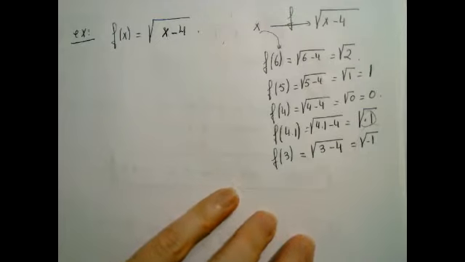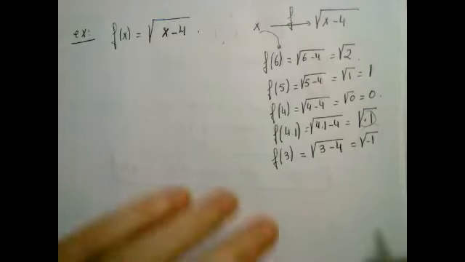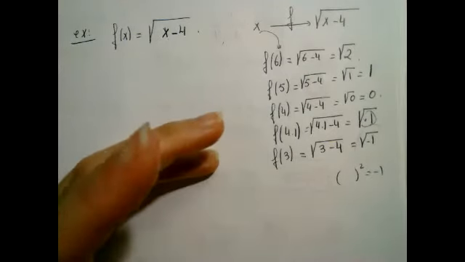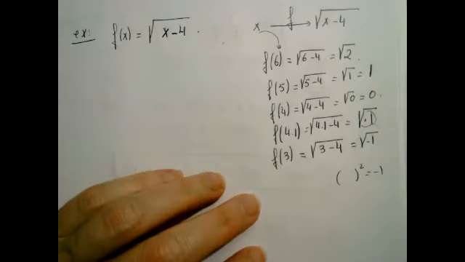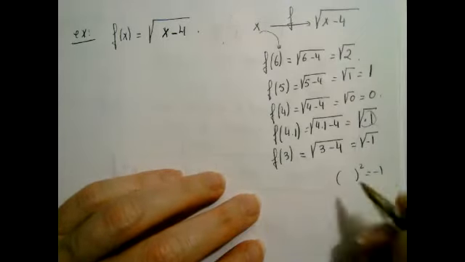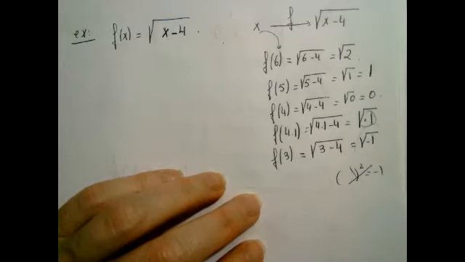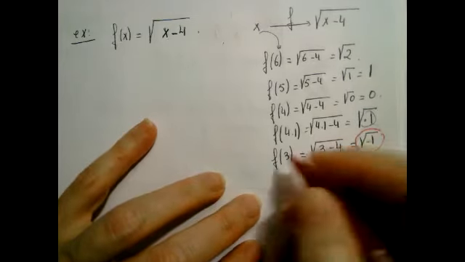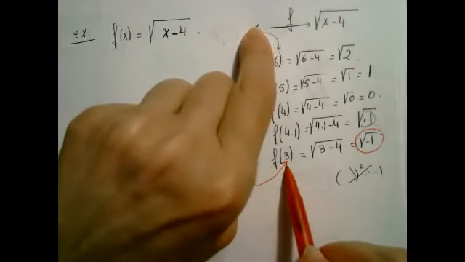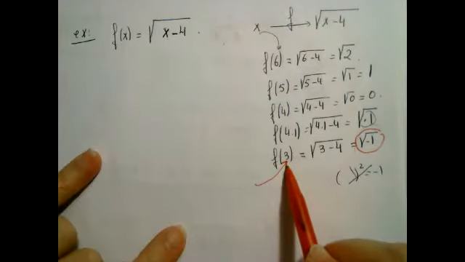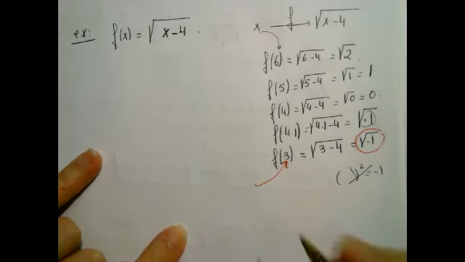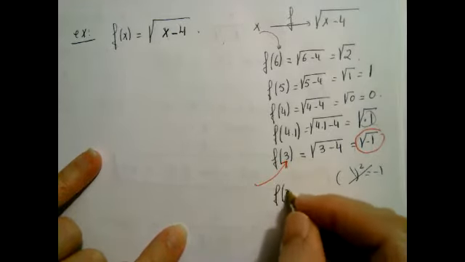No, because nothing squared gives you minus 1. Anything you square, you get a positive number. So now I'm starting to have issues. I'm starting to see that there are values of x that, when I put them here, don't yield a number. Those values are the problem values. What if I take 3.9?